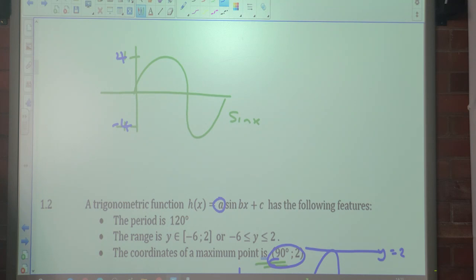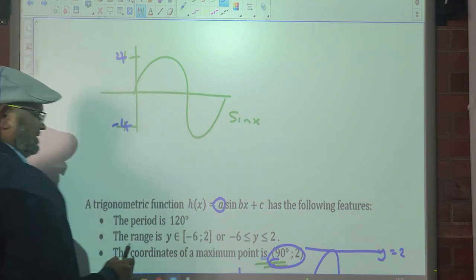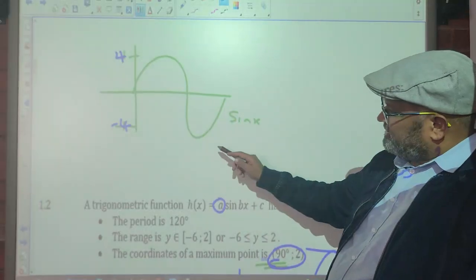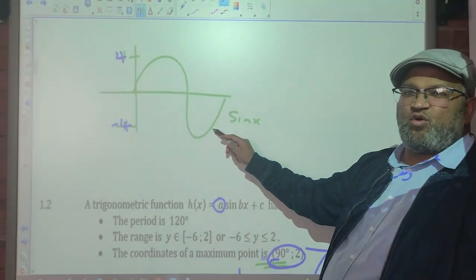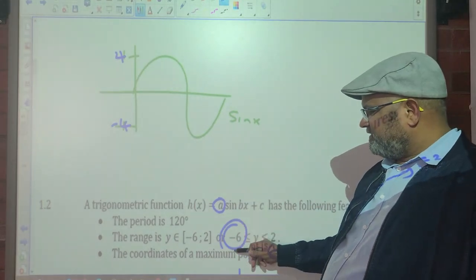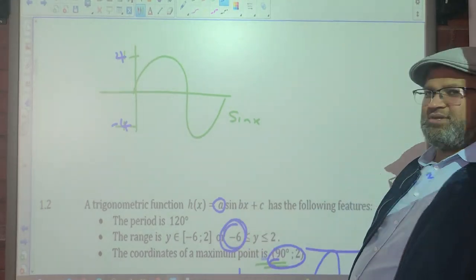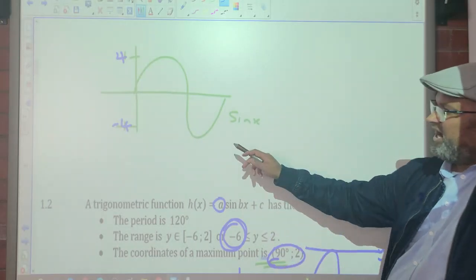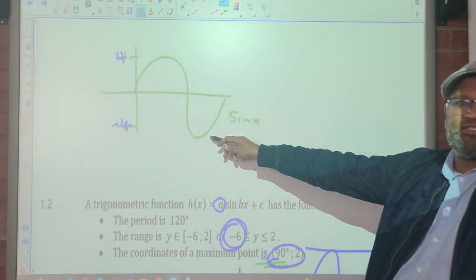Can you see that? Now, if you're going to take this graph, and this one has a minimum value of minus 4. But what value of y does this have as a minimum? At minus 6. So what happens? How do I get from minus 4 to minus 6?